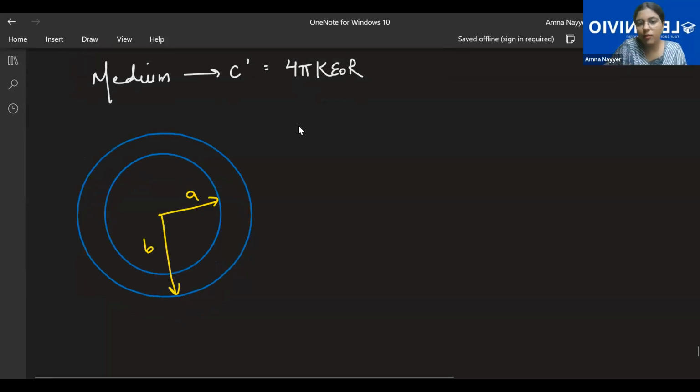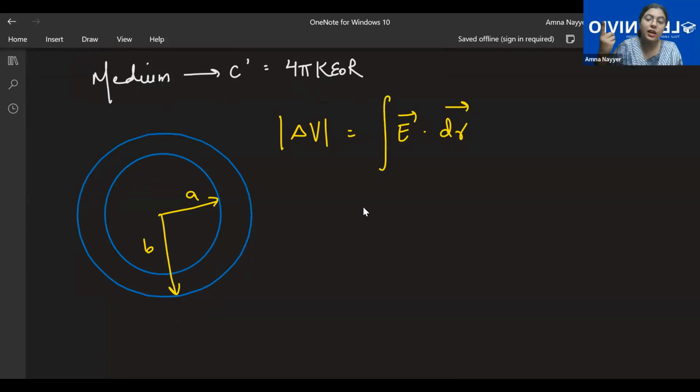So look, when you are calculating the change in potential, we have to take their magnitude first. Second, it will be the integral of E dot dr, from the relationship with the potential gradient: E is equal to minus dV over dr. So dV will be E dot dr integrated.